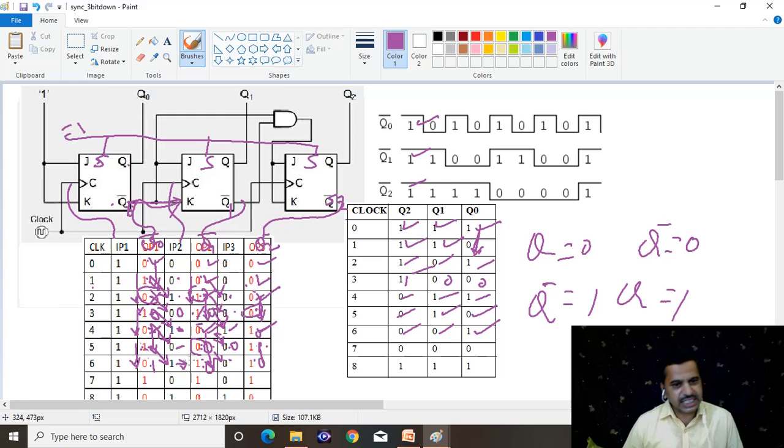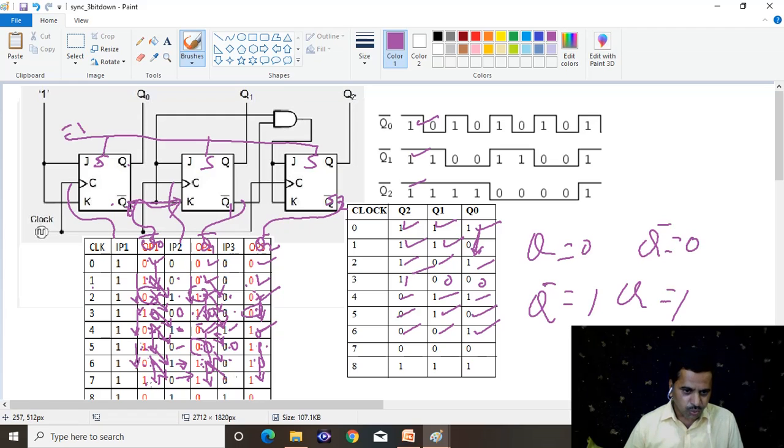At the end of the sixth clock pulse, again the output becomes input to the succeeding flip-flops. Now it becomes 0. Then it becomes 1 into 0, which is 0. When the clock pulse is applied, it again changes the state from 0 to 1. Here it is 0, there is no change in the transition. What you are getting?